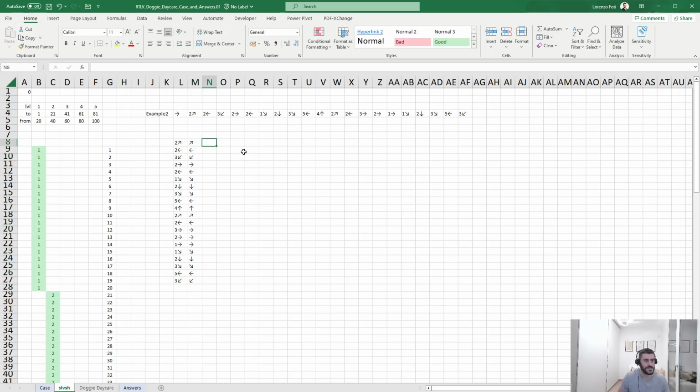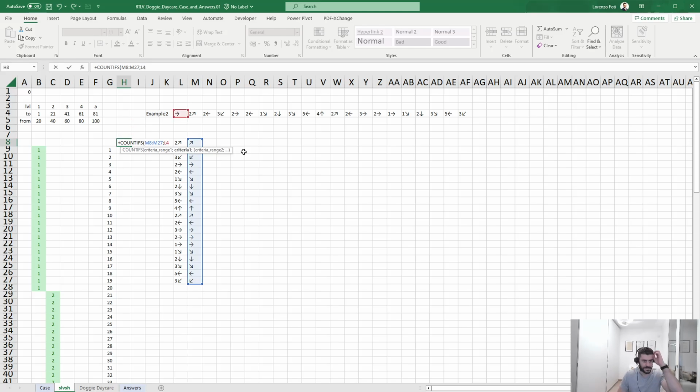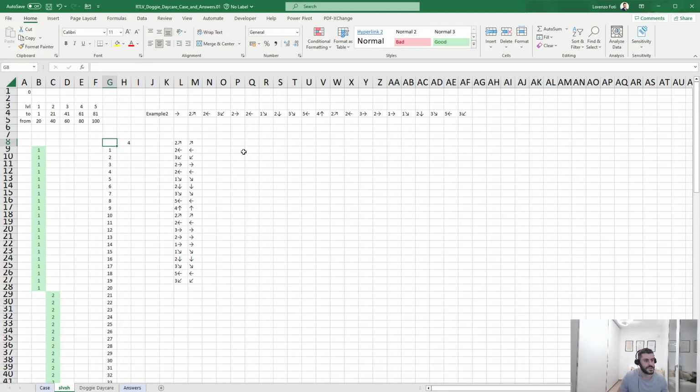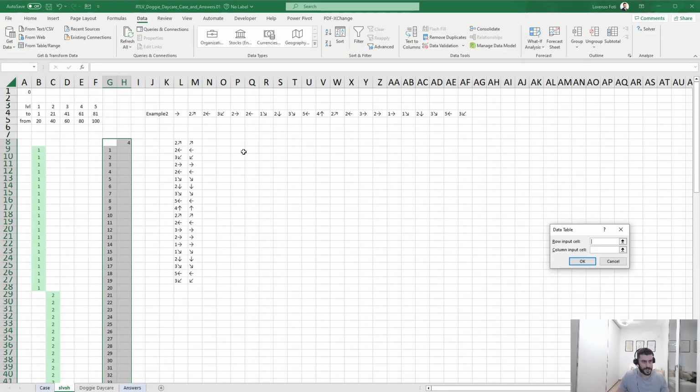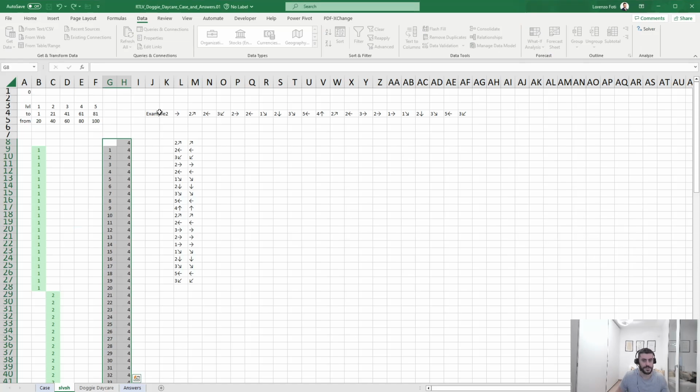I double checked this in the data set, and then you can do a simple COUNTIFS on this range to understand how many occurrences you have of this given arrow. In this case, it is 4, which matches the example. Then you can build a data table, and you're basically done also for level 2.